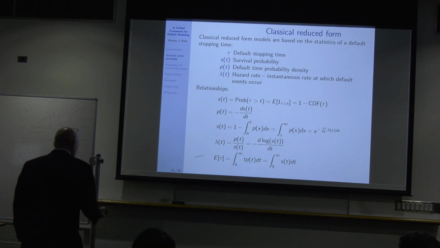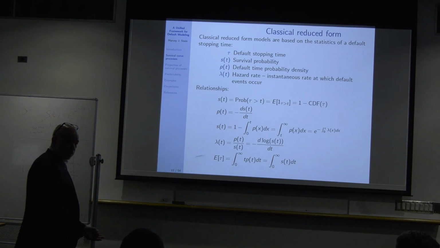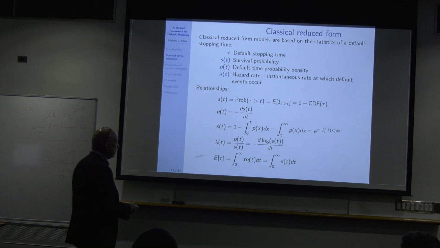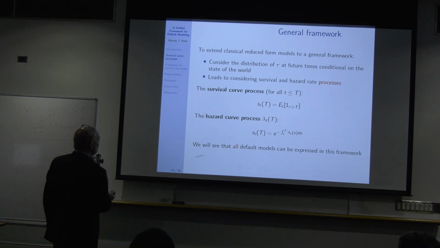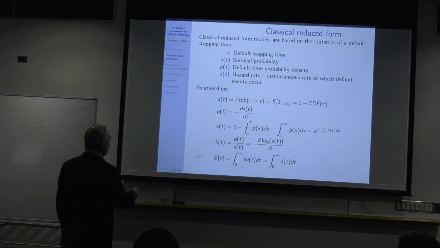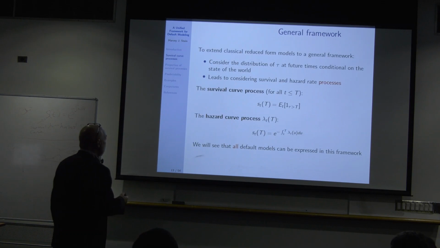Depending on what's happened in the past, the firm might be more likely to default, less likely to default. The stopping time might come sooner, might come later. So in general, you can't just look at the survival curve or the hazard rate curve to express the stopping time in general, you have to look at them in the future as well. So how do you do that?